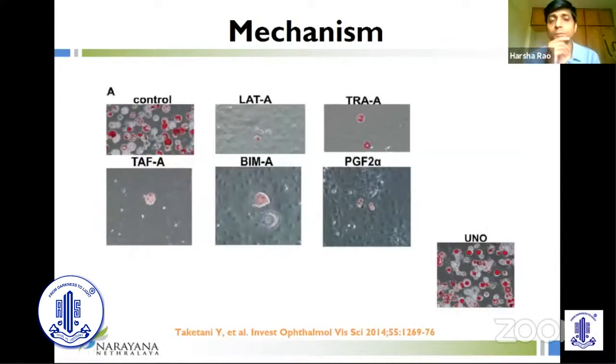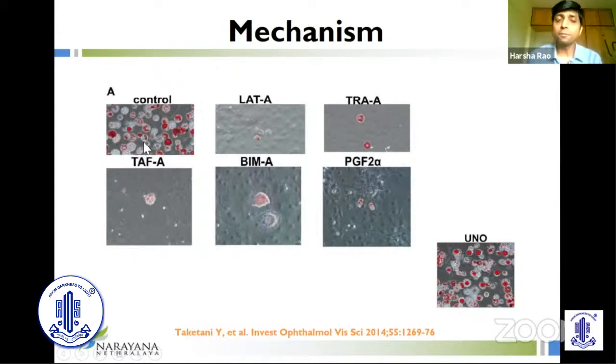The other way of looking at the anti-adipogenic effect of prostaglandin analogs is to look at the differentiation of pre-adipocytes to mature adipocytes. The mature adipocytes take up oil red O staining very well. Here is the control, which has taken up oil red O staining, which stains the intracellular lipids.